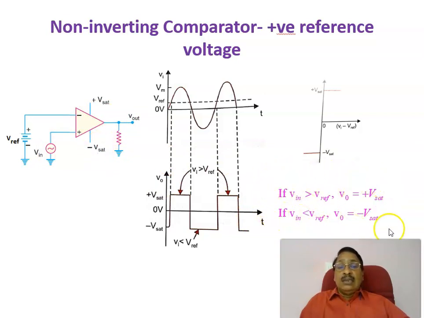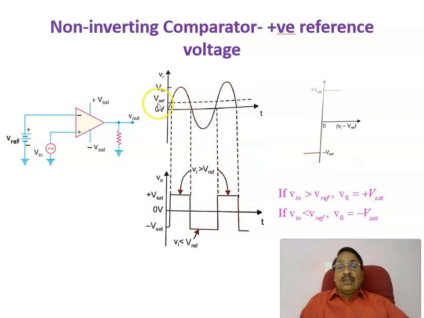This is the rule to be obeyed when we apply the input to the non-inverting terminal along with a positive reference voltage. If Vi is more than Vreference, the output voltage equals plus Vsat. If Vi is less than Vreference, the output voltage equals minus Vsat.